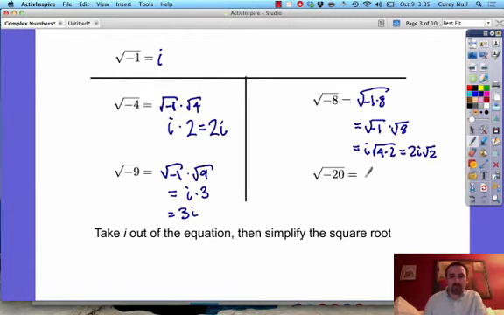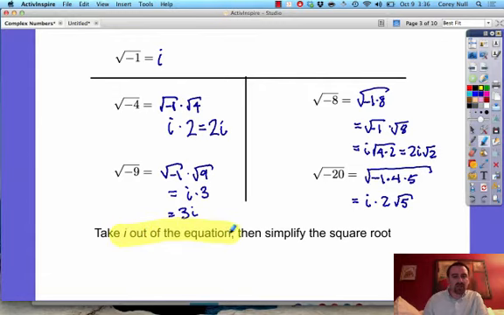And the square root of negative 20, we can write as the square root of negative 1 times 4 times 5. Now, the square root of negative 1 is i. Square root of 4 is 2. And the square root of 5 is nothing nice, so we leave it as root 5. So the upshot here is we take i out of the equation, then simplify the square root as normal.